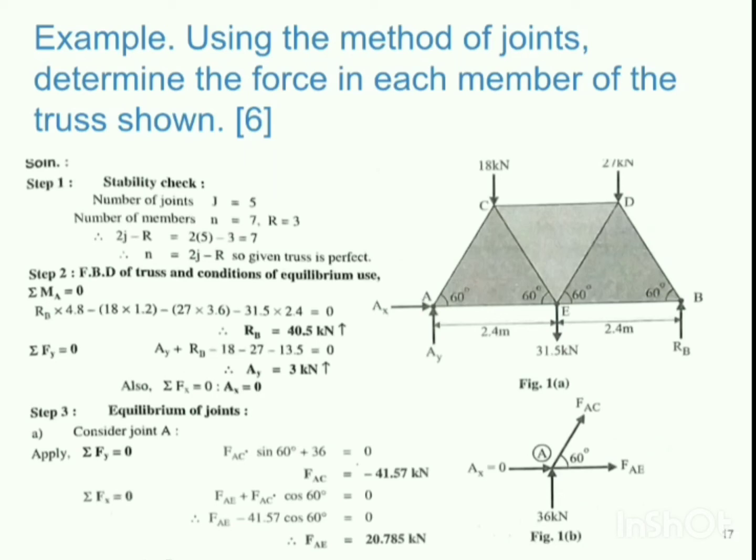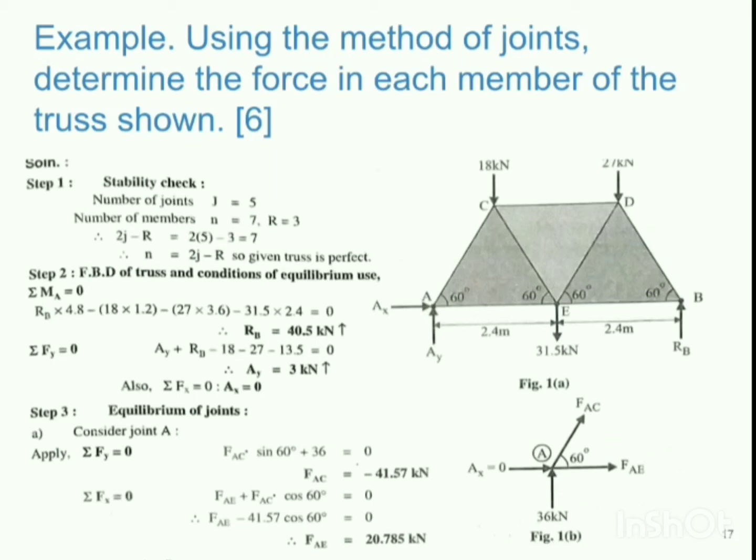Now focus on the equation of summation Fx. See what we have written. FAE plus FAC cos 60. Now, though we got the value of FAC negative in the first step itself, despite of that, we should not change the direction of the forces in the FBD. And in the same way, we need to use the same components that we have shown in the FBD.